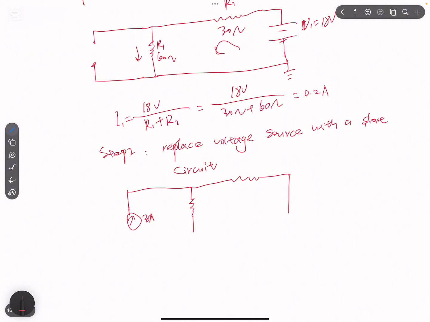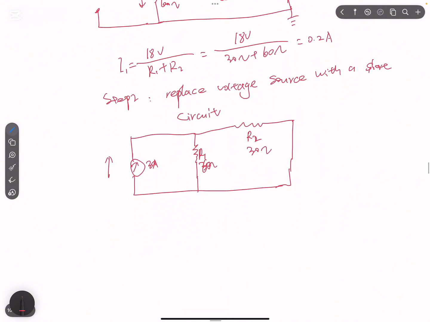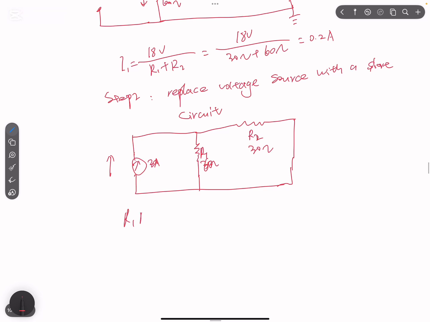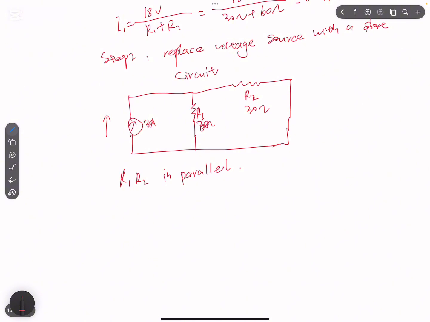So that will be a short for E. Now we have R1, R2. R1 is 60 ohms and R2 is 30 ohms. So we have a current that goes this direction. Basically R1 and R2 are in parallel. And then we have the current here, so we can use the current divider.